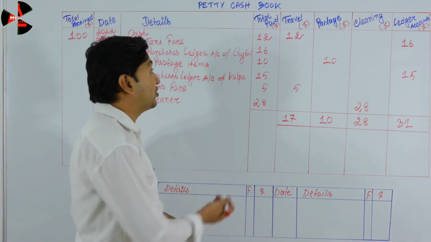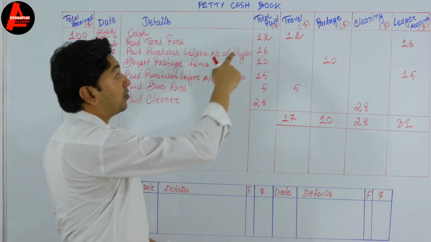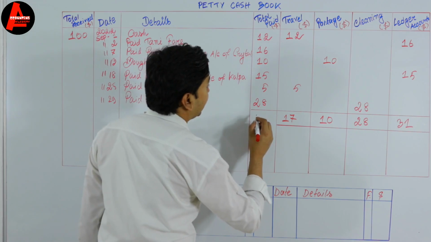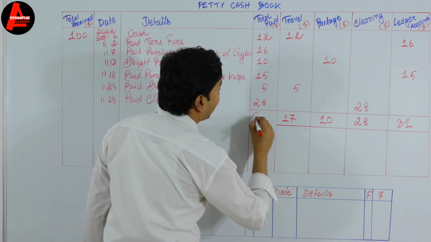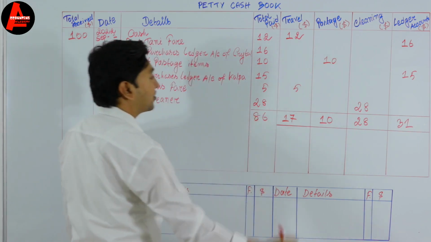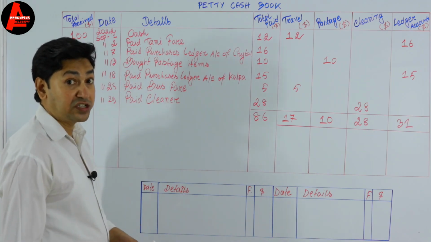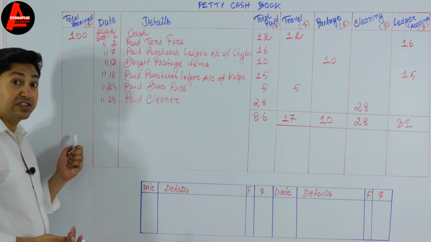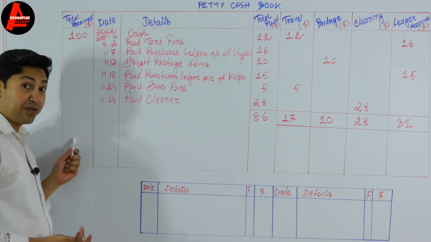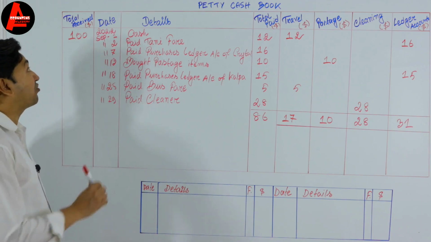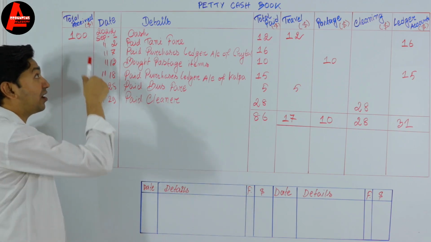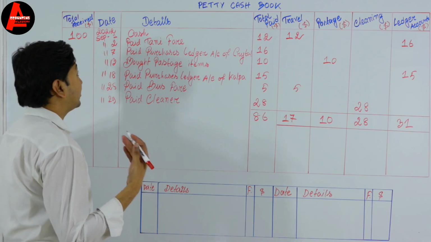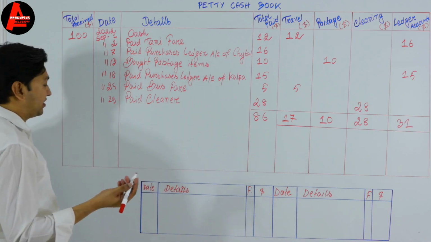Now we need to total this column as well, the total paid column. If we sum up, we get here $86. Now what to do? Now you need to come to the total received column. We need to sum up here. We had only one transaction, which is $100, the first day he received this money as a petty cash, as the imprest amount of petty cash.